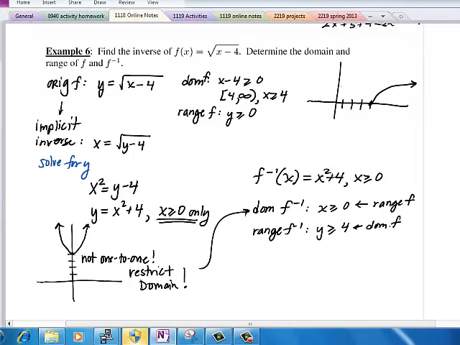And then if I sketch that on the same graph as this, I can see that I have that relationship that the graphs are symmetric. So this is f inverse, this is f. And they're symmetric with respect to the line y equals x.